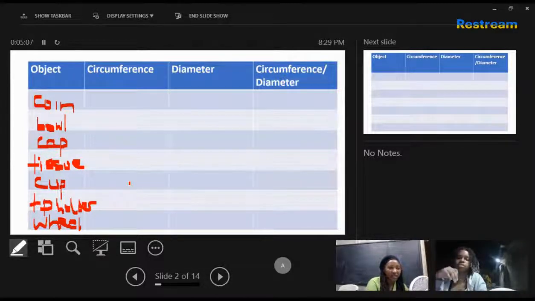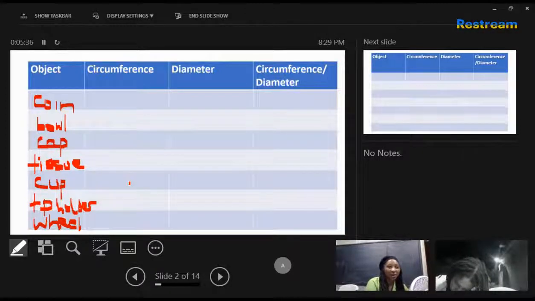And then you're going to tell me that. And then you're going to measure the diameter. So these are all circular objects. The circumference is the distance on the outside. The diameter is the distance across the middle. Now I want you to try and get as close as you can to the middle, right?